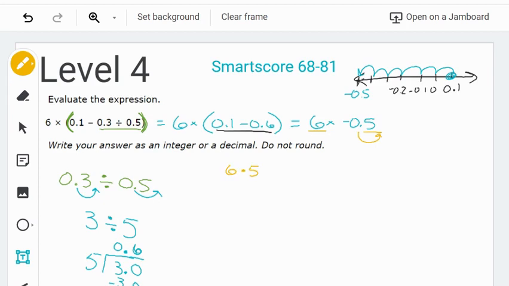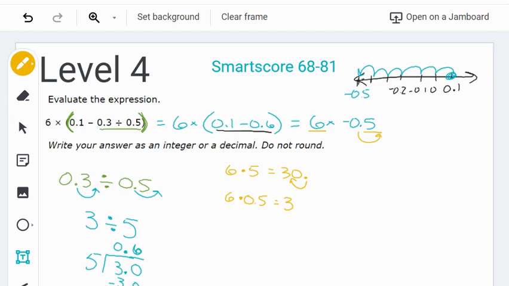So 6 times 5 is 30 with the decimal here. But then, like I was just saying, move that back. So 6 times 0.5 is 3.0, or just 3. But we weren't actually multiplying 6 times 0.5, we're multiplying 6 times negative 0.5.